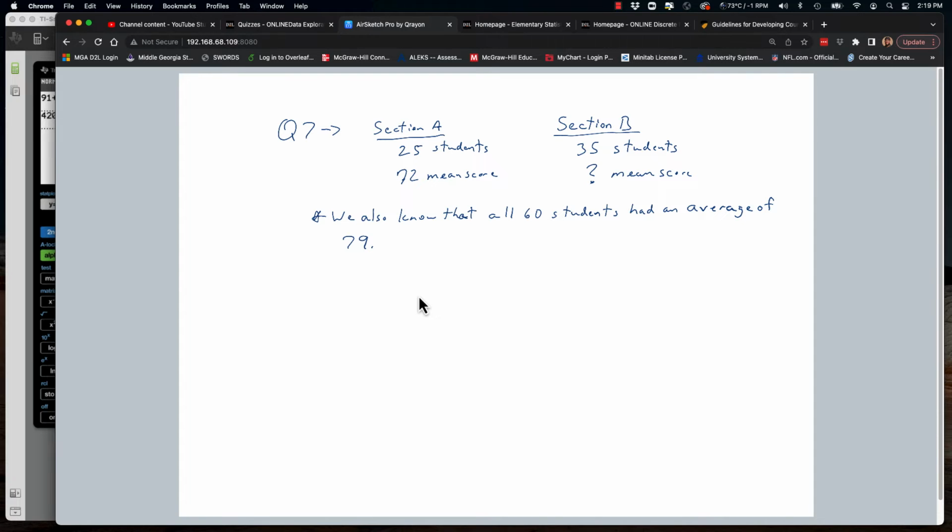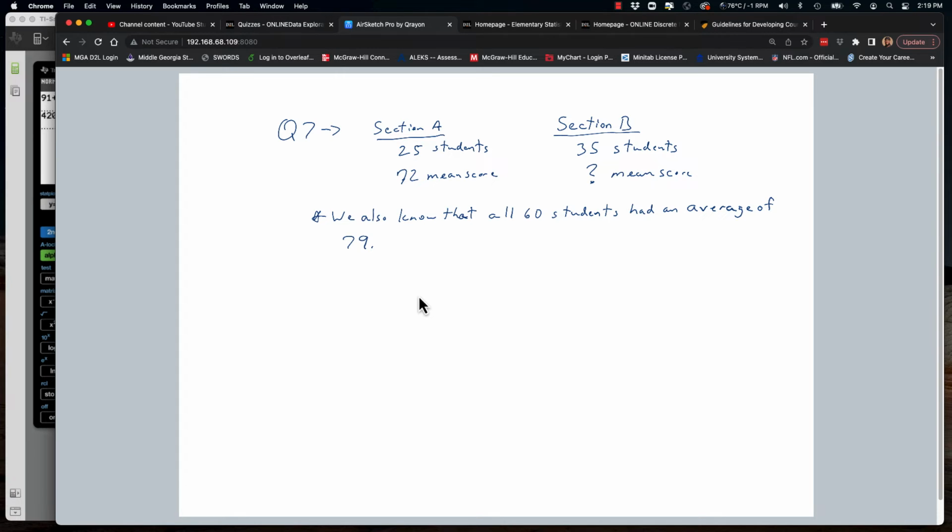So if you stop and think about it for a second, section A alone, looking at the 25 students, had a mean score of 72. Let's just suppose that all 25 students made a 72. If that were the case, then the average would definitely be 72, because 25 times 72 divided by 25 would give us 72.